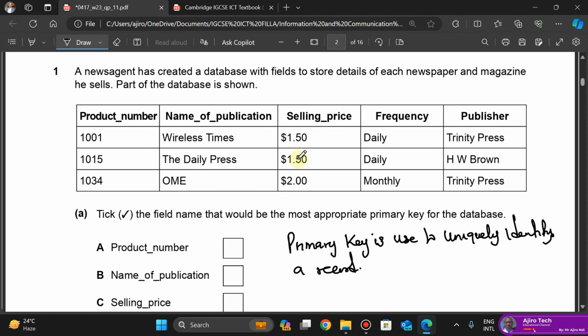Now we look at this and we can see that fields that cannot be primary key is name, and the best that can be primary key is numbers. Anything that's a number, because you look at code. We did paper 2, it's on my YouTube channel, and in the database, one of the primary keys was the game code.